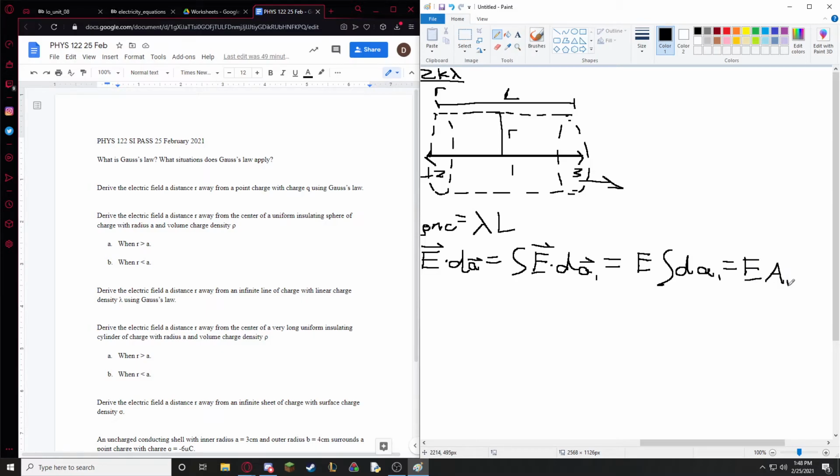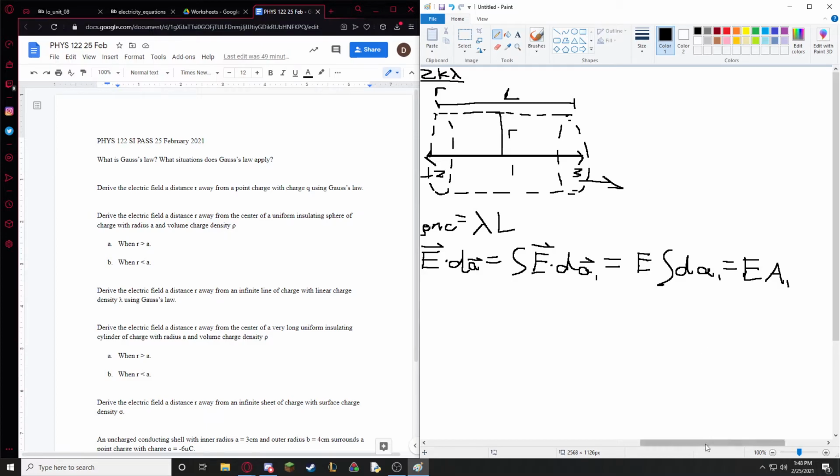E times A1. And so what's the area of the surrounding shell of a cylinder, not including the end caps? 2 pi RL. Exactly. 2 pi r, the circumference of a circle, times the length of our cylinder L.